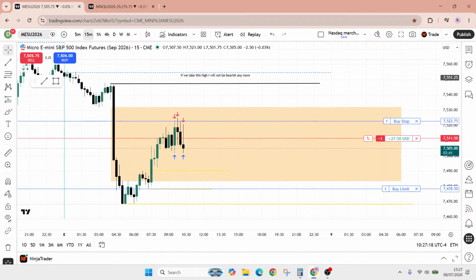Ugly market, guys. I'm not adding. I expose maximum risk already.